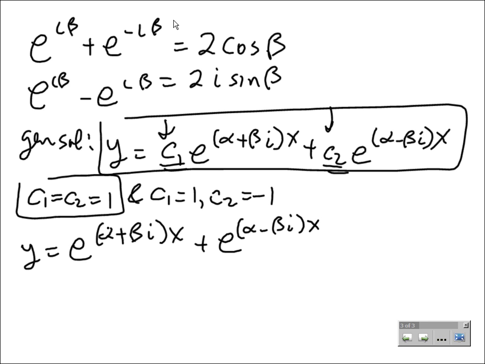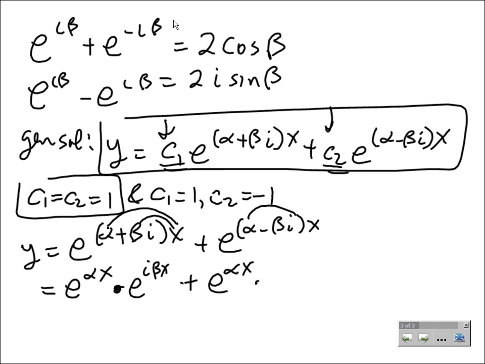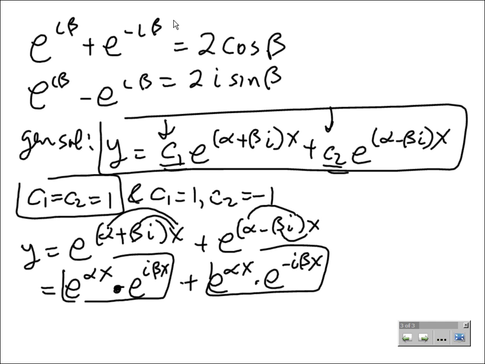We can do a little algebra. This is e to the ax times e to the ibx, and distribute that, plus e to the ax times e to the negative ibx. Well, both terms have e to the ax in it, so I can factor it out. e to the ax times e to the ibx plus e to the negative ibx.